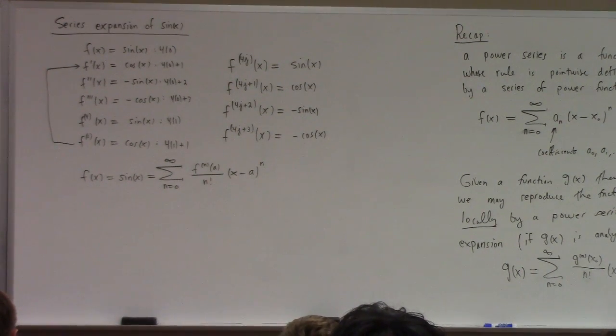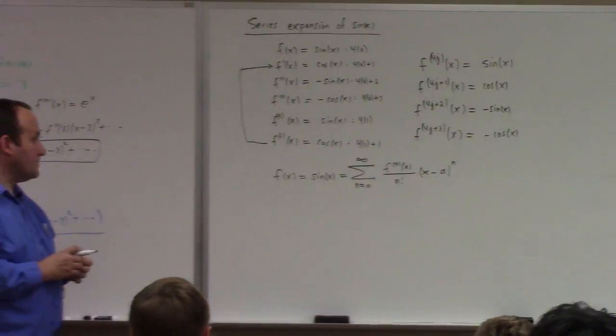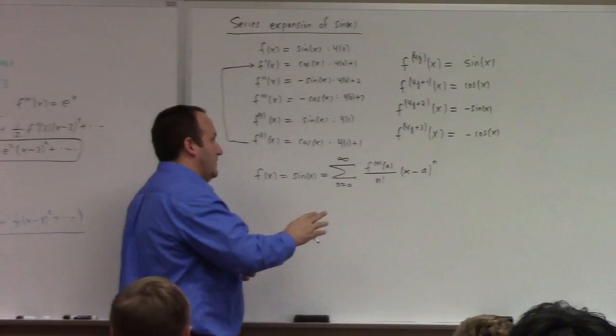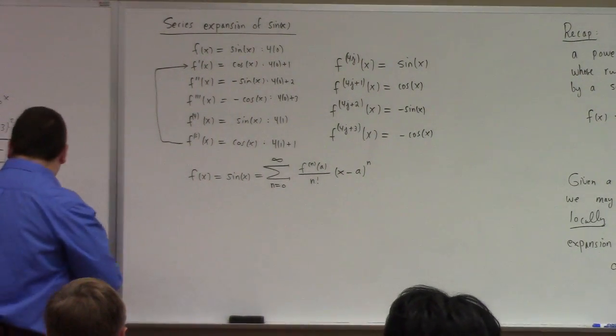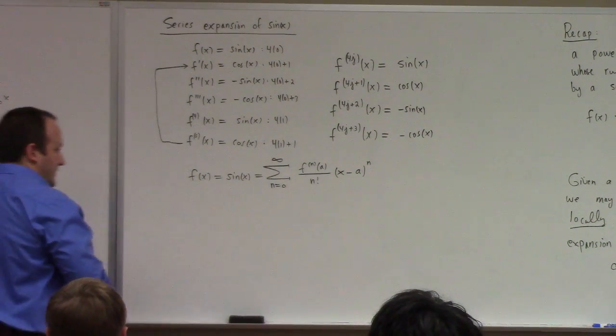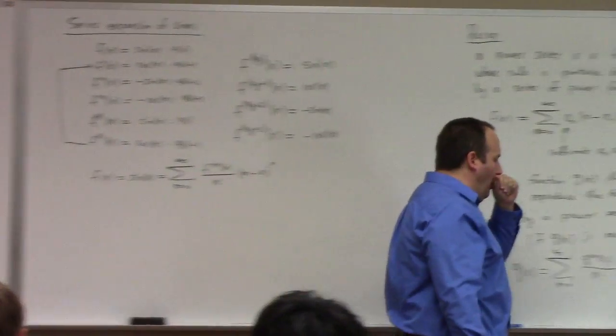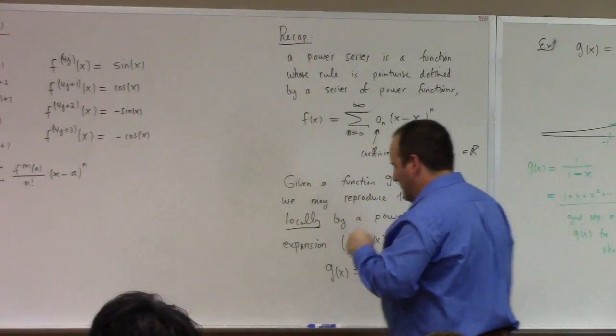If we do this at 0, the story gets a little bit simpler, because the 4j and the 4j plus 2 terms just drop out, right? Because sine of 0 is 0. But in general you've got all four of these cases, so the way I would do that is to break this into two sums.